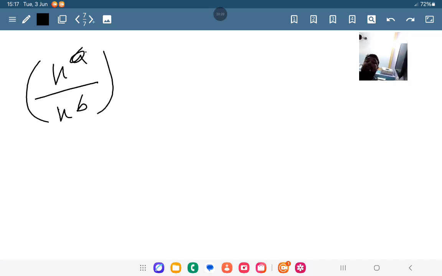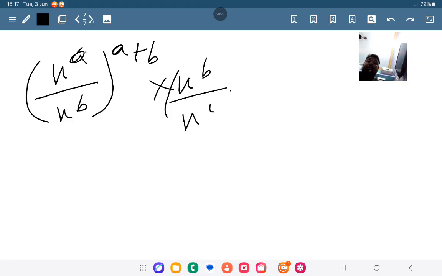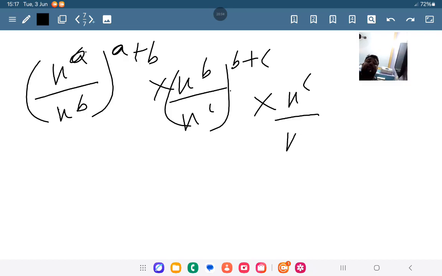Just look here. x to the power a divided by x to the power b, whole power a plus b, into x to the power b divided by x to the power c, whole power b plus c, into x to the power c divided by x to the power a, whole power c plus a.